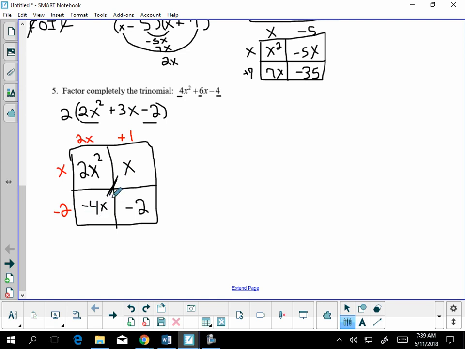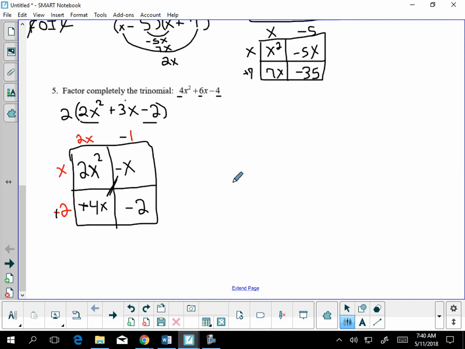That doesn't match up. So let's change our signs. Let's make that a positive and that a negative. So when I do that, 2x times 2 is positive 4x. Negative 1 times x is negative 1x. Now 4 plus negative 1 is 3.